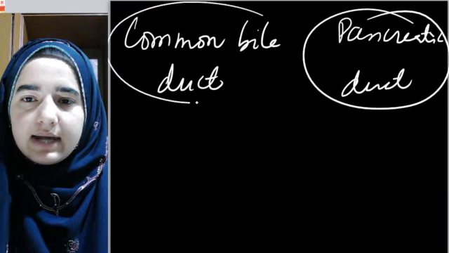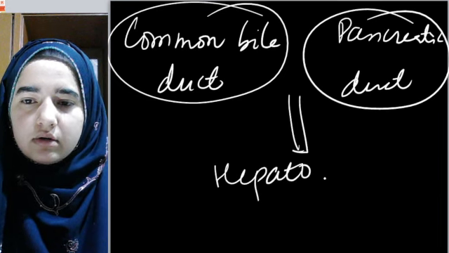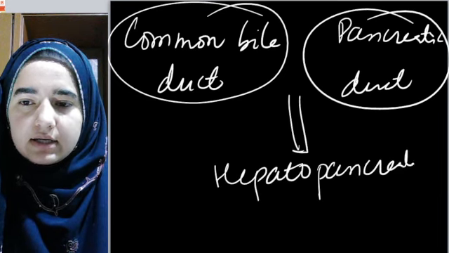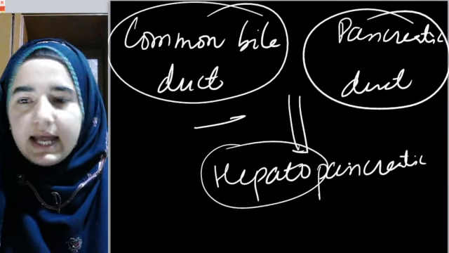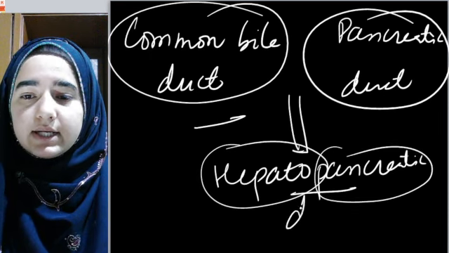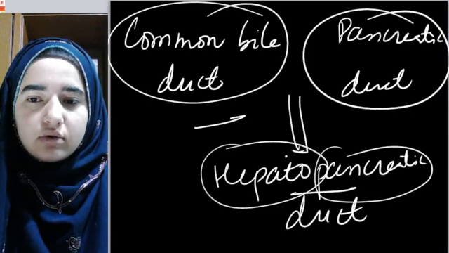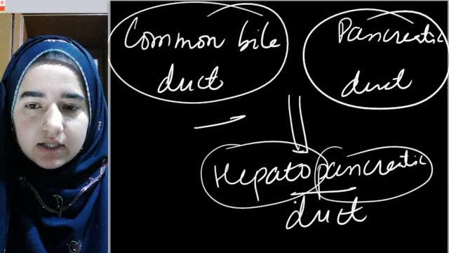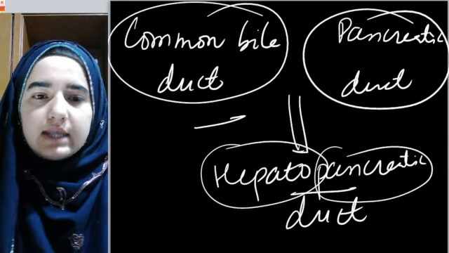This duct is known as hepatopancreatic duct, since it is present between the substance of the liver, that is bile, and the pancreas. Both these ducts form the common hepatopancreatic duct through which bile and pancreatic juice are passed on.